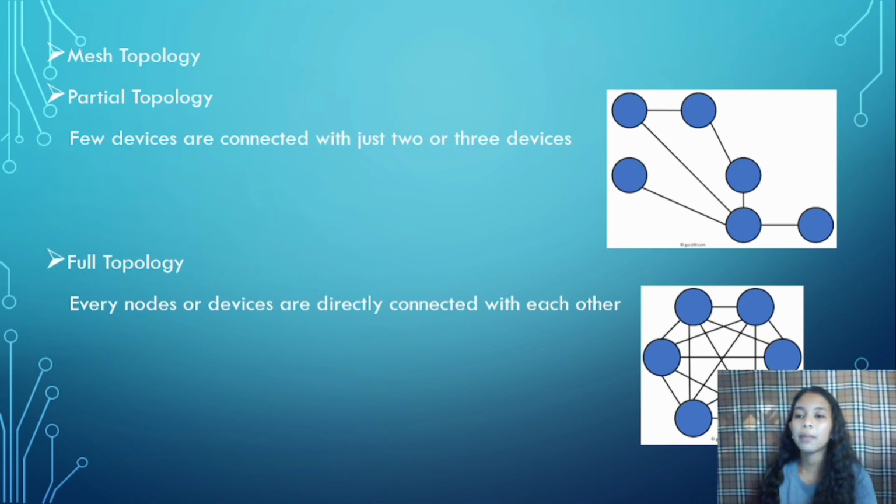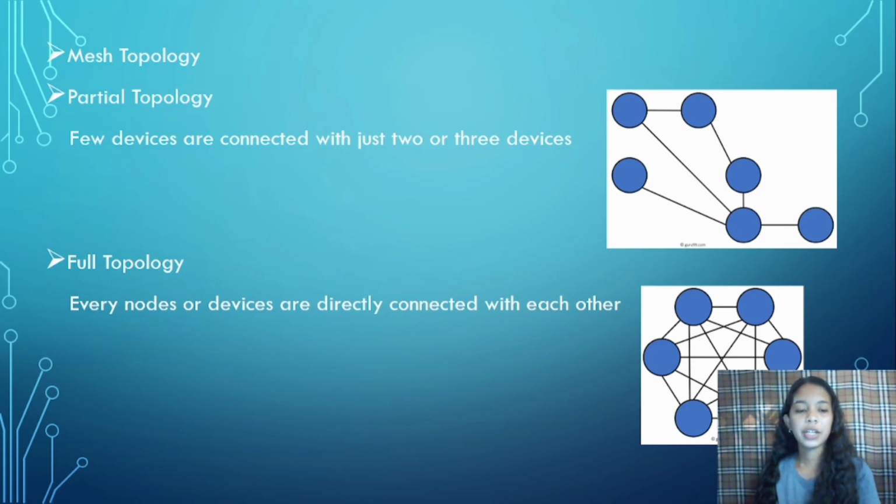There are two types of mesh topology: the partial mesh and the full mesh topology. We're going to discuss first the partial mesh topology. In the partial mesh topology, a few devices are connected with just two or three devices.